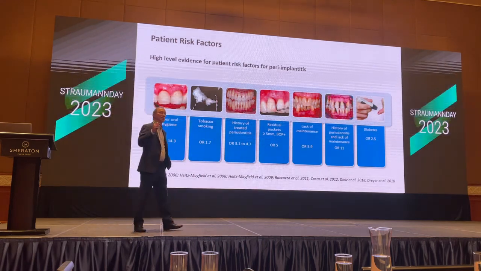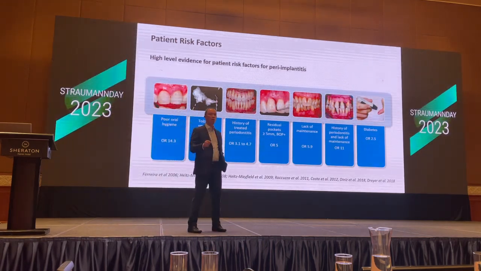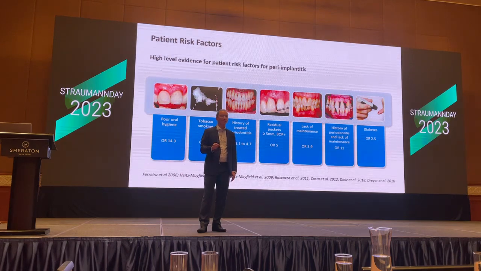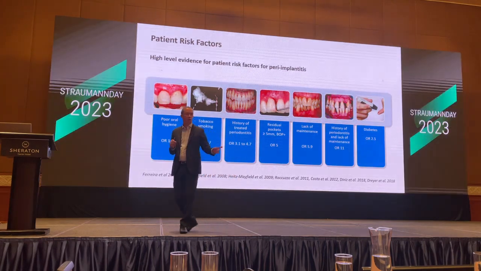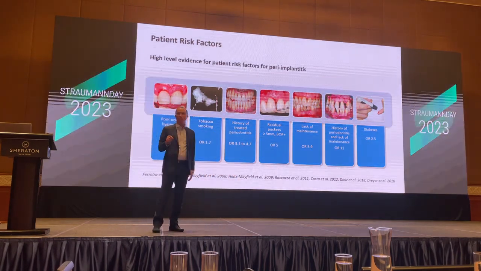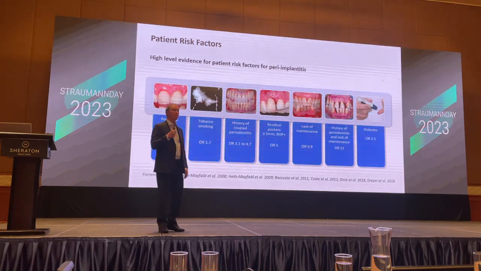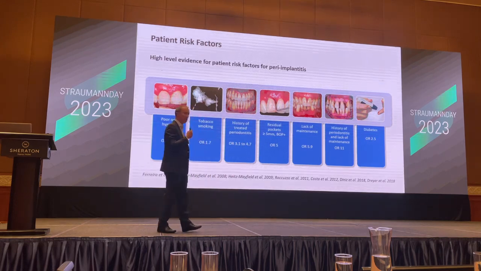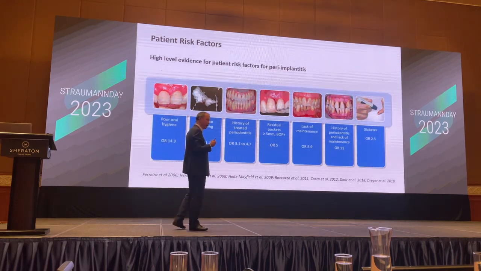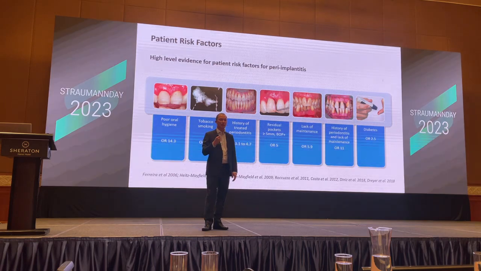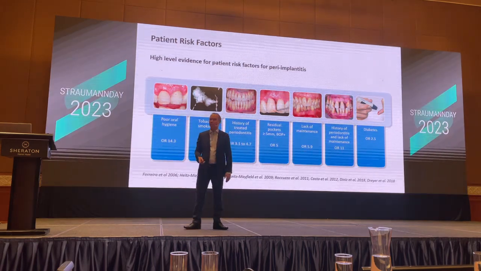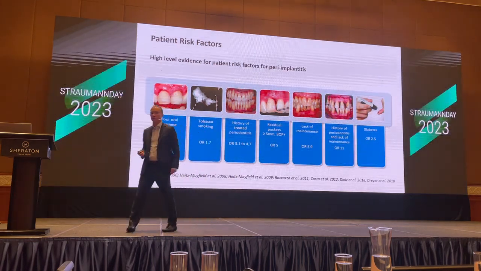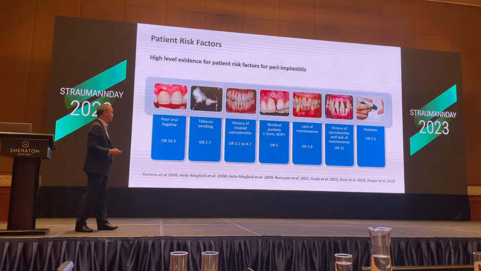So now I ask the next question. Who is at fault? Is it the patient because they have all these risk factors? Or is it because of you as the dentist who decides to put the implant into that patient's mouth? So we have to sometimes ask ourselves some very hard, tough questions about our approach to managing these patients and to avoid these types of complications.